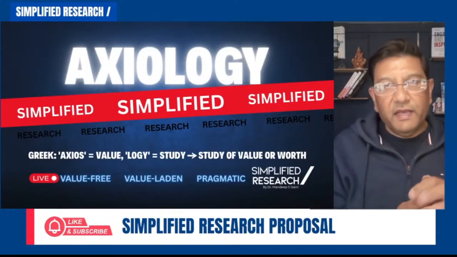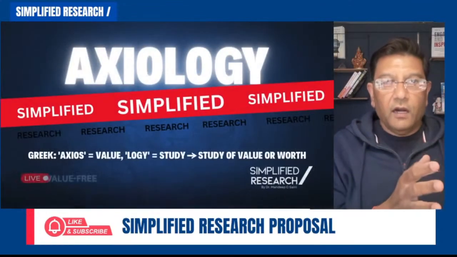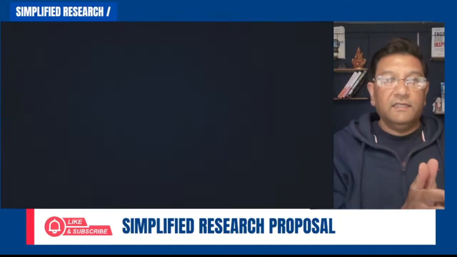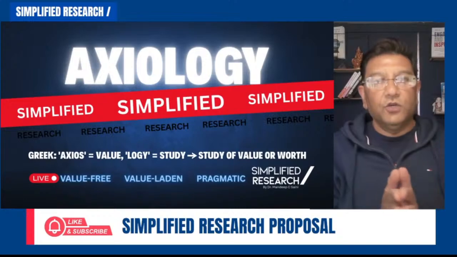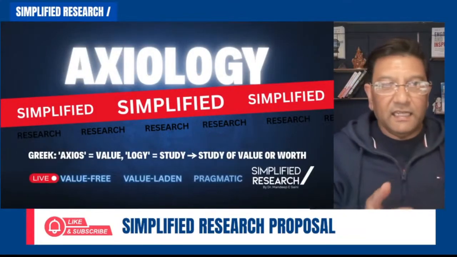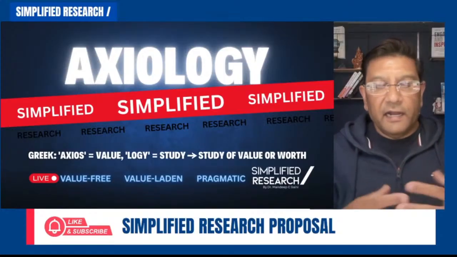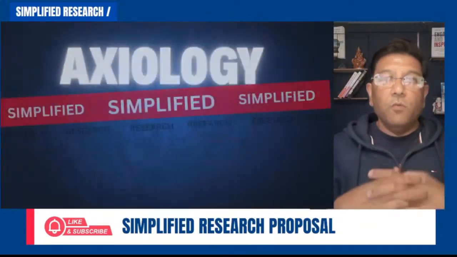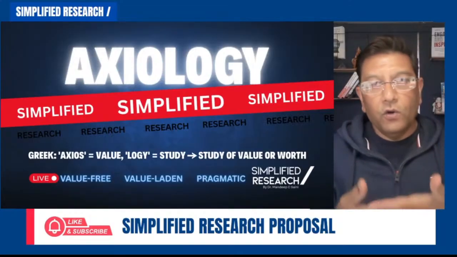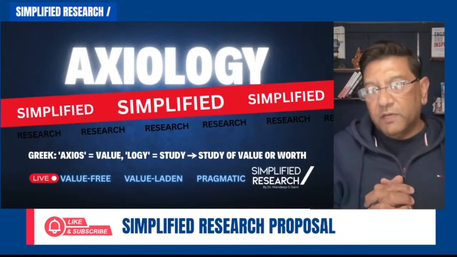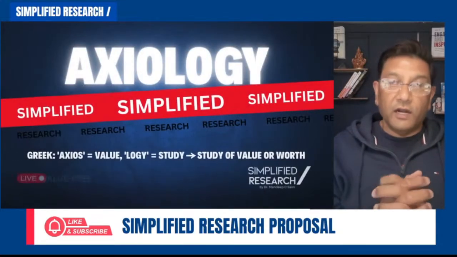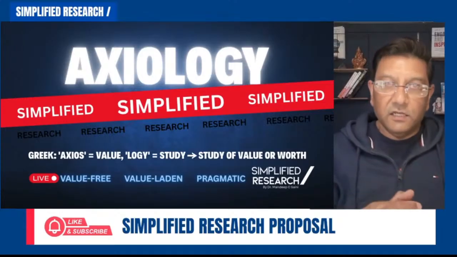So pragmatism is mainly that you are value free, but sometimes you put your value into it. It is possible when you are analyzing the data, when you are writing the results, when you are observing the experiment, you are putting your own value. So if you are putting your value, your research could be biased as well.